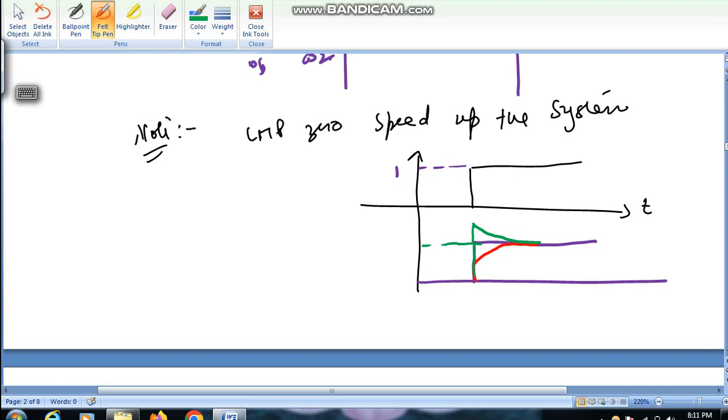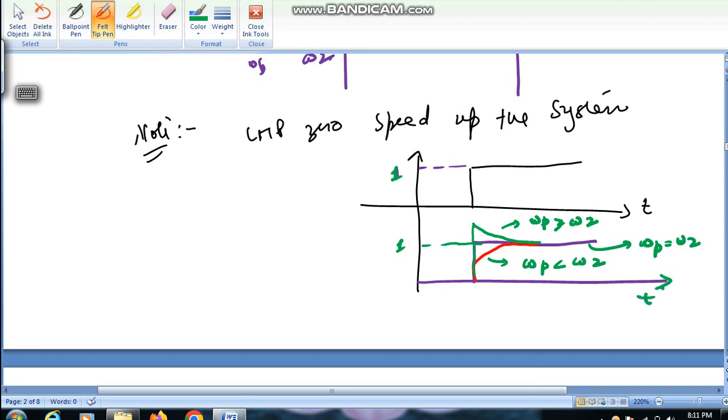So this is the case when omega_p less than omega_z. This is the case omega_p greater than omega_z. This is the case omega_p equals omega_z. This is 1, this is 1, this is the time axis.